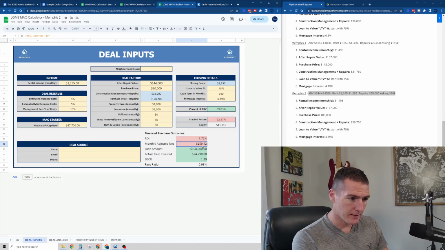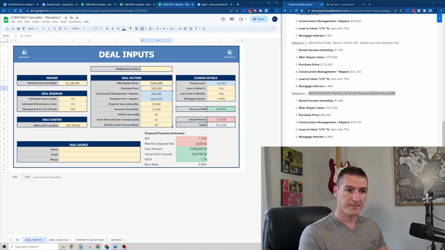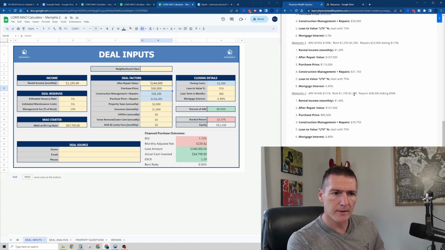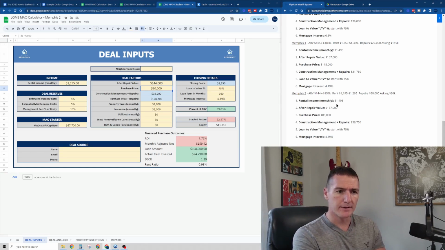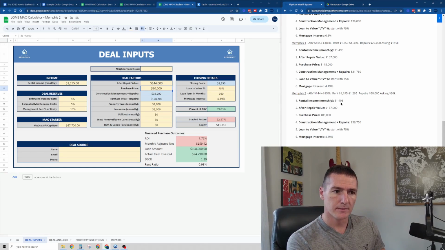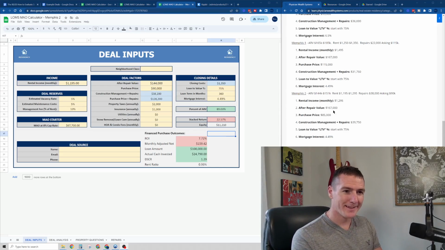And I'm not going to get close to this, so I know I have to reduce my offer price here. So how did we, oh wow, look at, that's a huge jump. $14.95 in rent. That's not correct. Let me fix that right quick. All right, so we got that fixed back at $12.95.